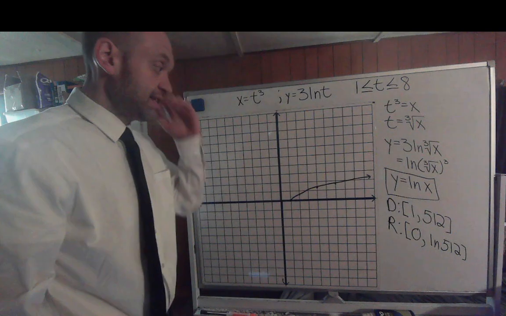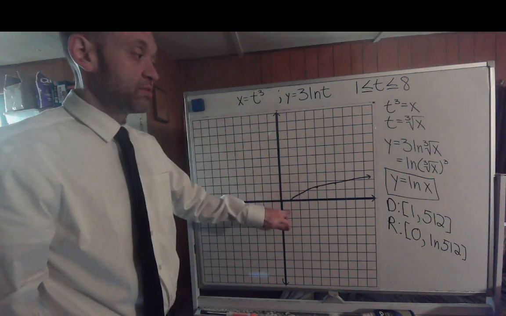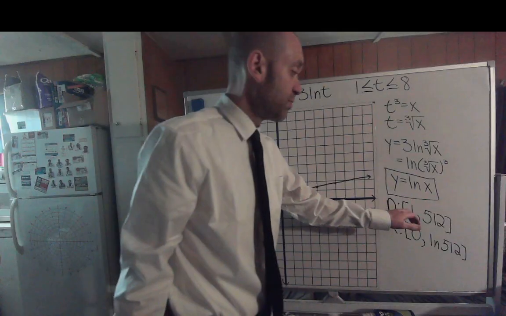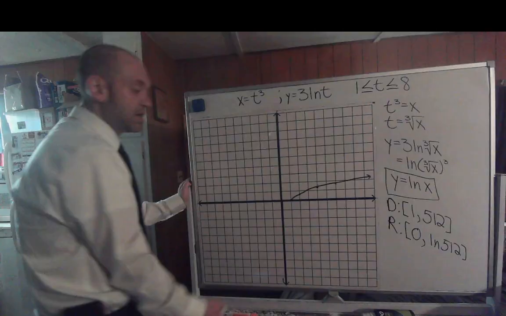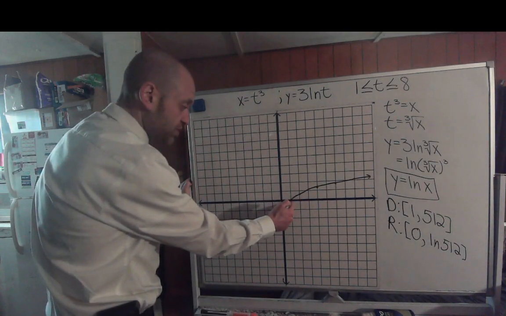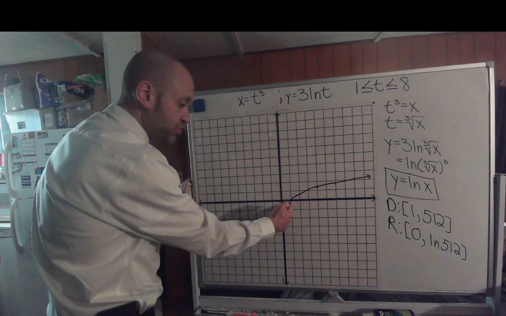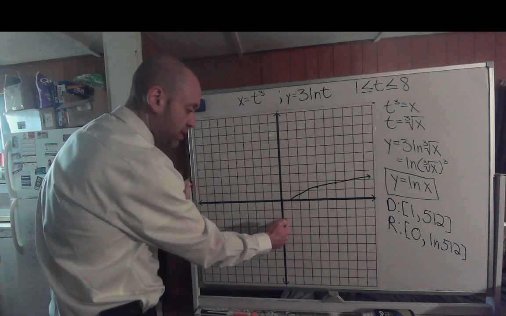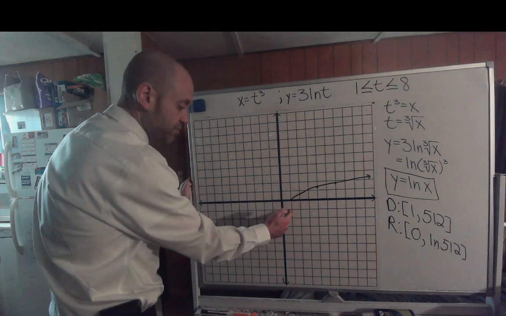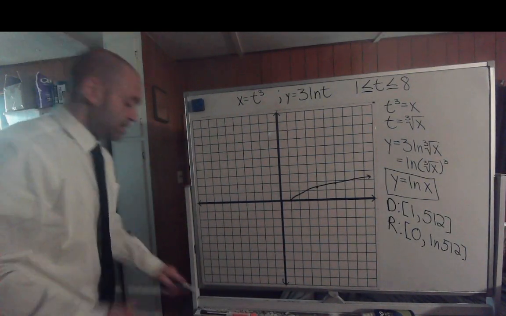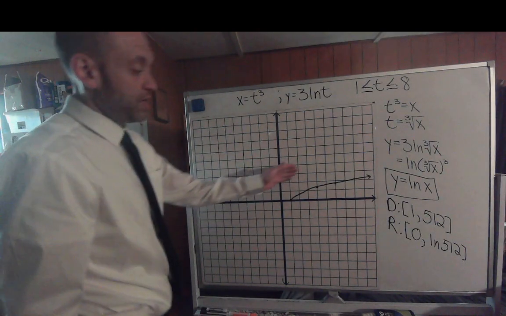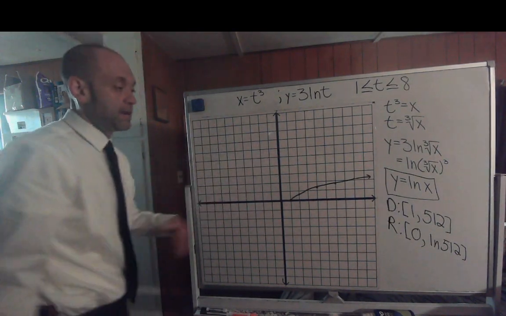And we can't consider anything before x equals 1 because our domain was from 1 to 512. But we know if we were to go left for a natural log, the further left you go towards x equals 0, if you approach x equals 0 from the right, it's going to go towards negative infinity. But that's really all you have because of your domain.